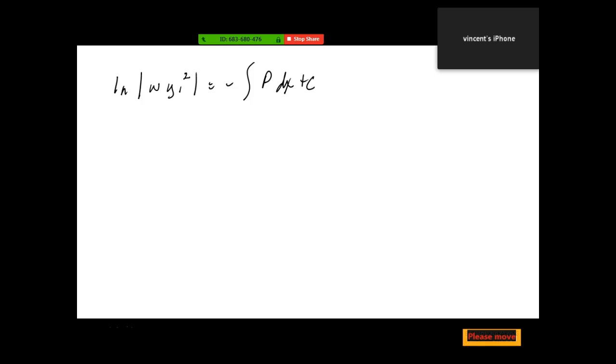Okay? Now, what you have from this, if you take the e of both sides, okay, this will wipe that out. You get w y1 squared is equal to e to the minus integral p dx.